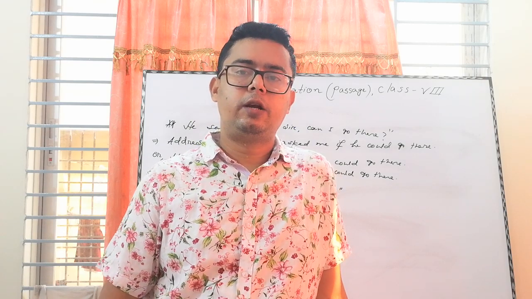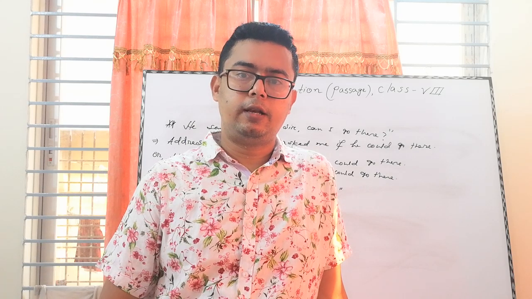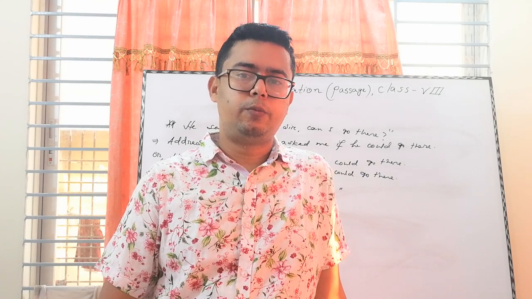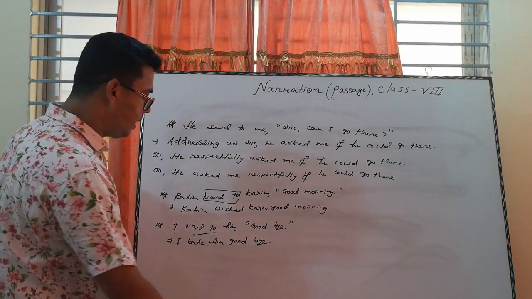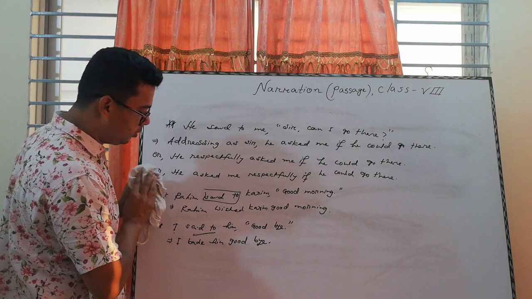And another one, last but not the least, is also more important. Sometimes you can get 'by Allah' like that in a passage. What should you do at that time?